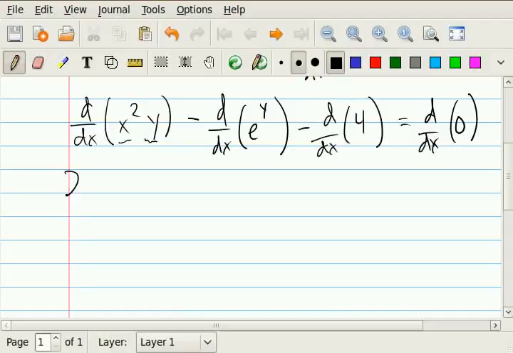The derivative of x squared is 2x, and you multiply that by the original second term in the product. So that's 2x times y. And then we add the first factor, x squared, times the derivative of y. We're taking the derivative of y with respect to x, so that is dy dx.